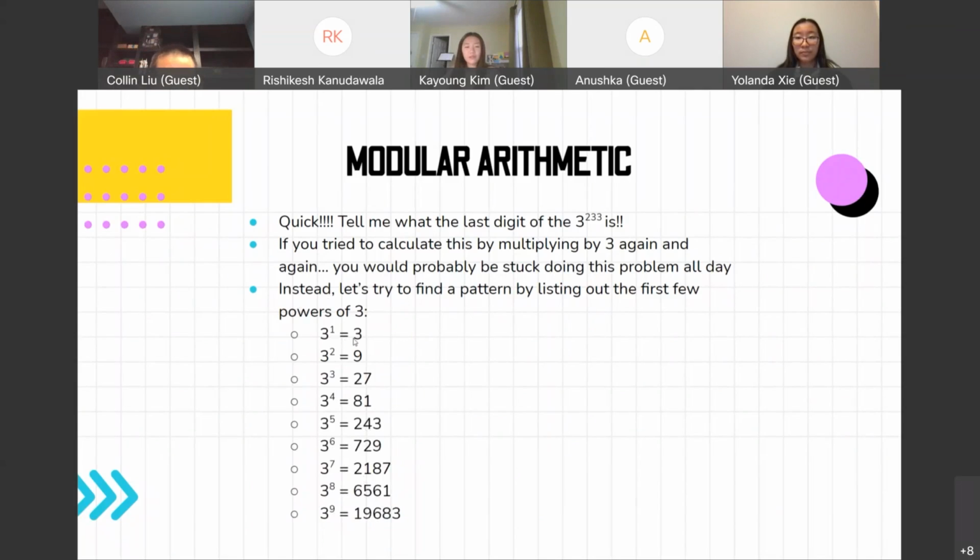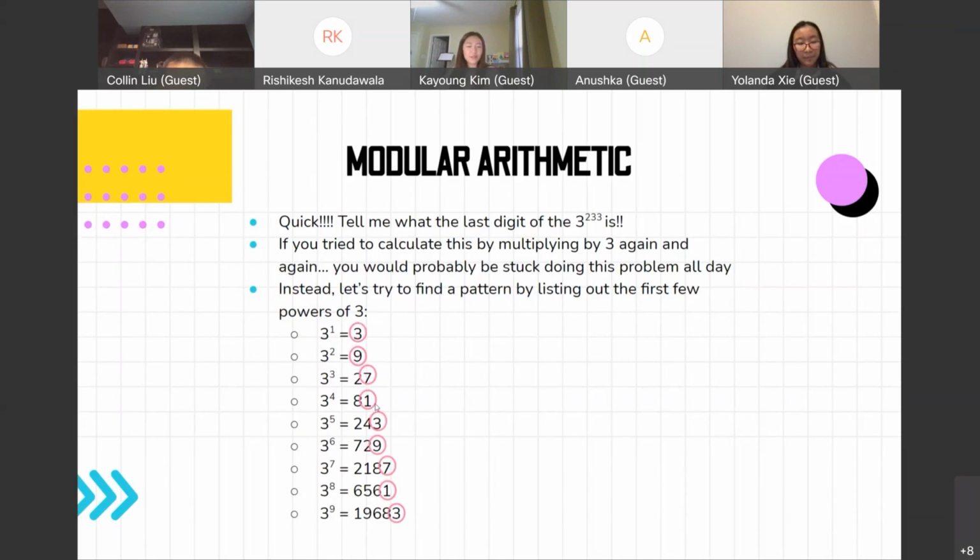Now it asked for the last digit, so the units digit. I'm just going to look at the units digit first. 3, 9, 7, 1, and then another 3. So I think I see a pattern.